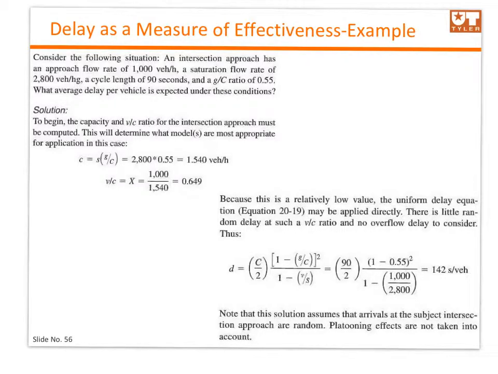At the beginning of the analysis, the v over c ratio for the intersection approach must be computed. This will determine what models are most appropriate for application in this case.